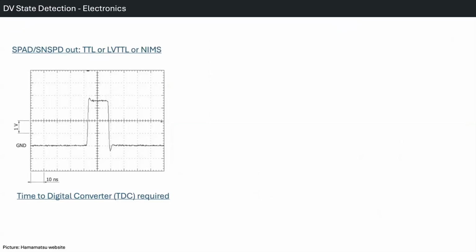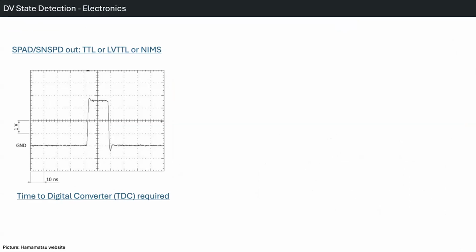Okay, now I'll talk a little bit about side technology for these single photon detectors. What I mean by side technology is that these single photon detectors actually produce a digital signal, which we can see from this figure.